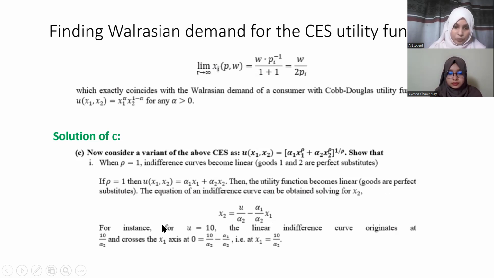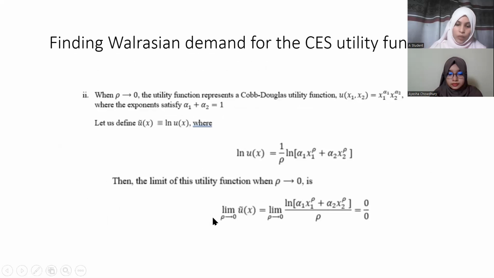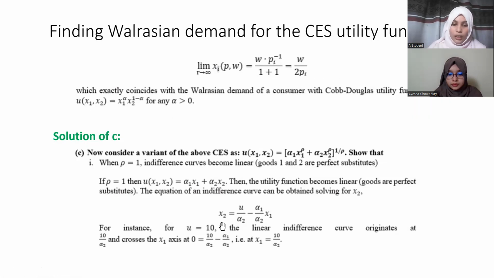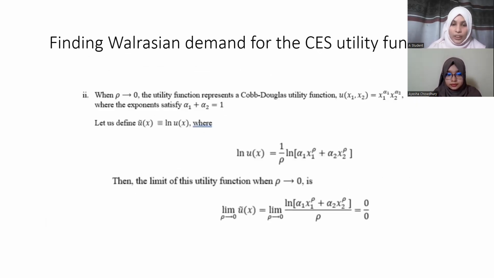For instance, for u equals 10, the linear indifference curve originates at 10 by alpha 2 and crosses the x1 axis at 10 by alpha 1, where x2 equals 10 by alpha 2 minus alpha 1 by alpha 2 times x1 equals 0. In the next slide, we can see that this question is solved, and we come to the next question.